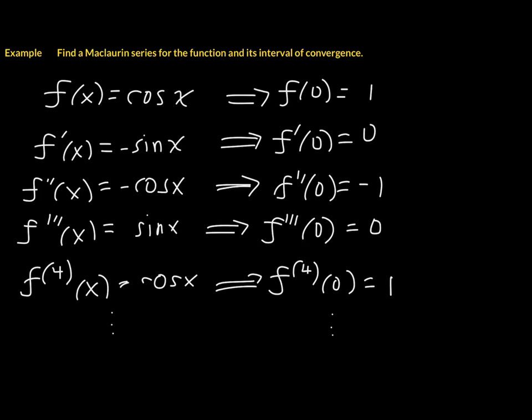The pattern is that every odd order derivative, like the first derivative, the third derivative, and so forth, is equal to 0. So basically, when k is odd, we just get 0.